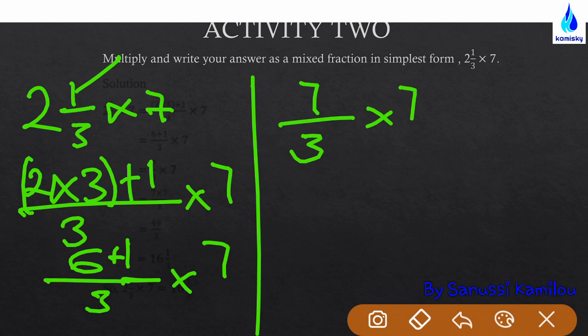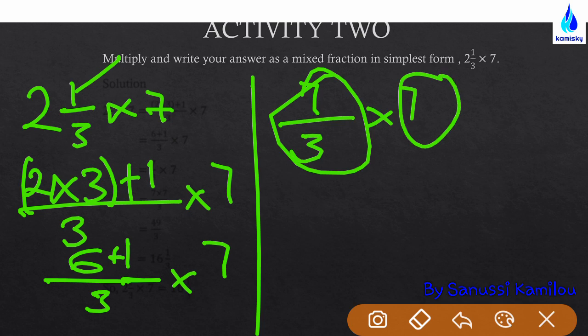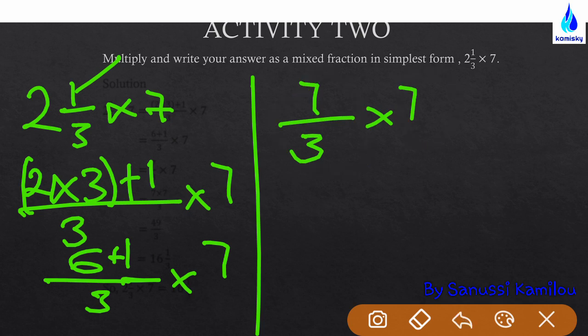So from here, what do we do? We have gotten a fraction multiplied by a whole number. We have learned how to do that right now. We said that we should multiply the numerator and the whole number. So we shall do 7 times 7 all over 3.